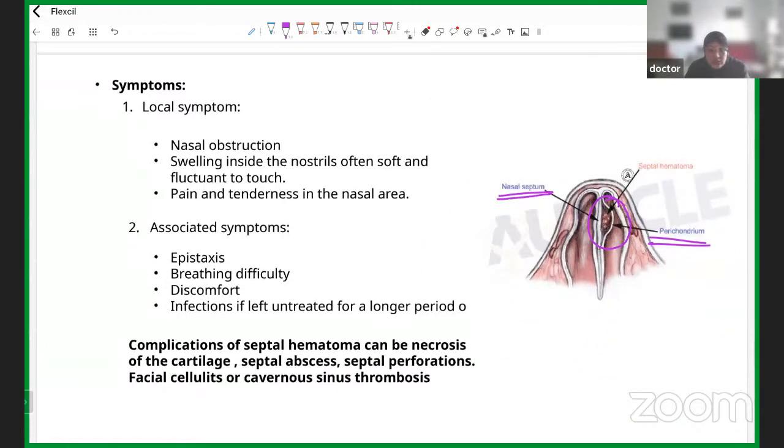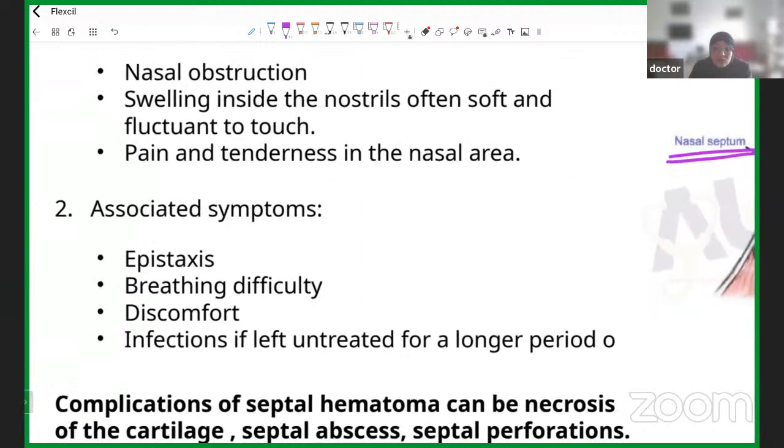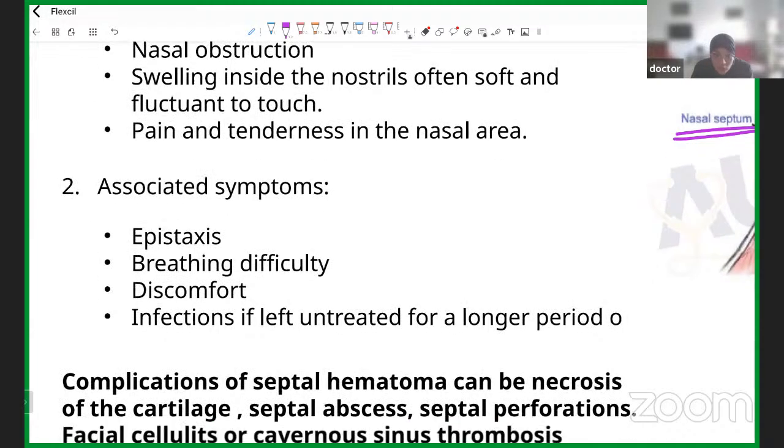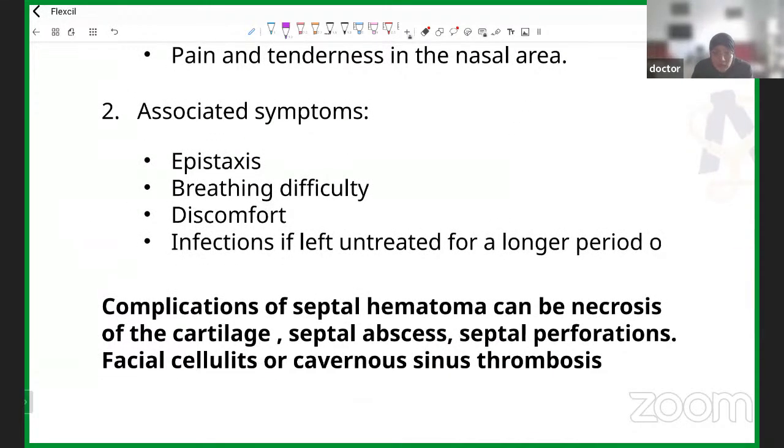Okay. Now, associated symptoms will be epistaxis. This is when the hematoma ruptures, when there is perforation or leak, then these patients will have epistaxis. They'll have, of course, breathing difficulty because there is an obstruction. They'll have discomfort. If the infection is left untreated for a longer period of time, it will lead to complications of septal hematoma. That can be followed by necrosis.